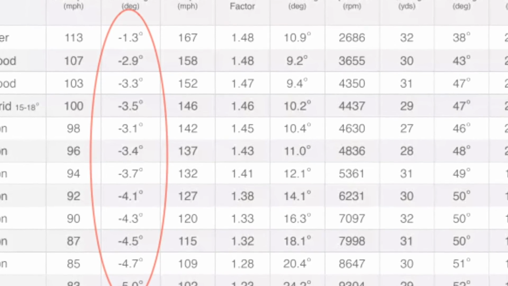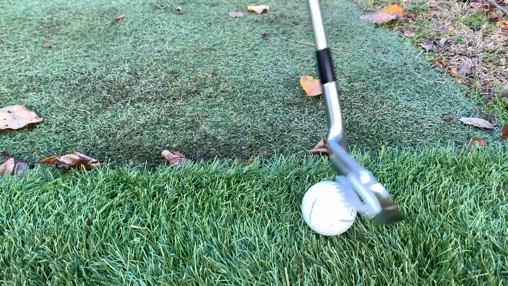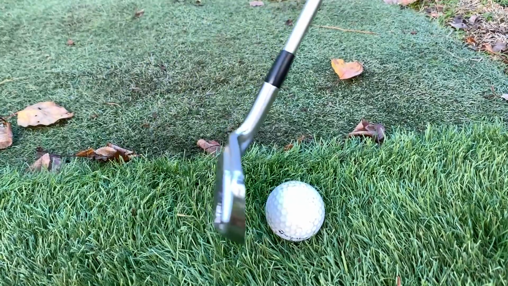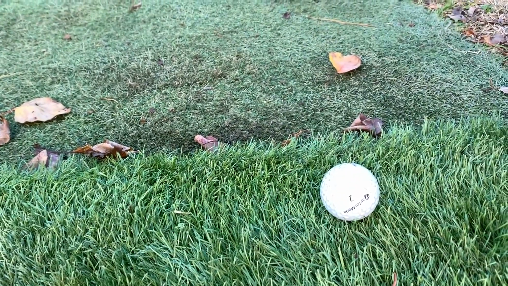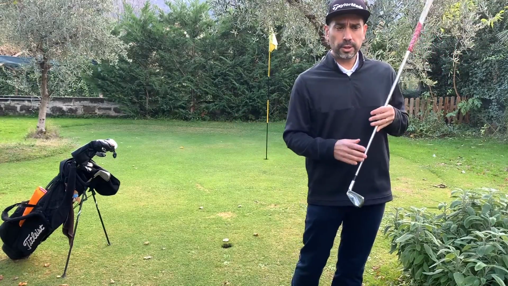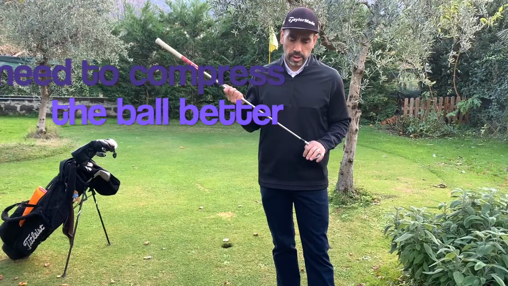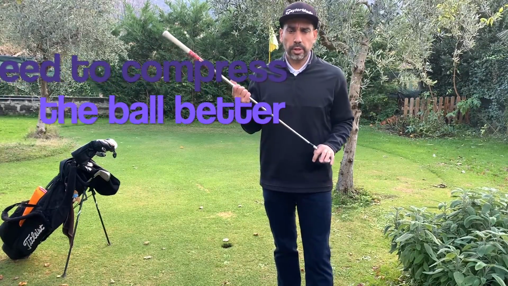Basically, the angle of attack is how you come into impact, whether you hit up to the ball or down to the ball. In my case, I've been hitting a little bit too much up towards the ball, so it showed me that I need to hit more down to the ball.